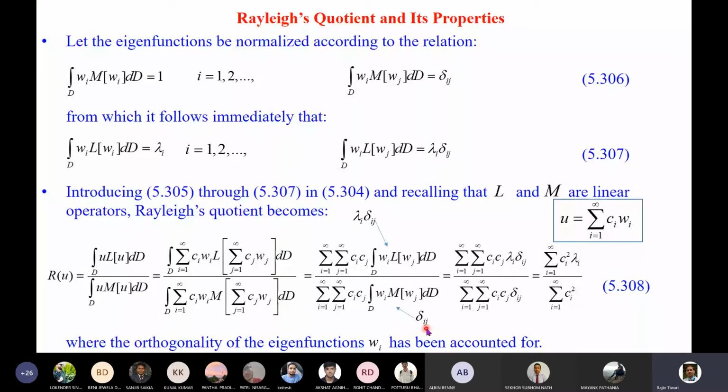Now, if you substitute that, we'll get Ci, Cj, lambda i, and delta ij. Similarly, here only delta ij will be there. Lambda is not here.